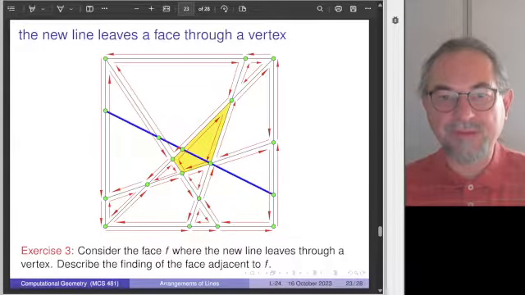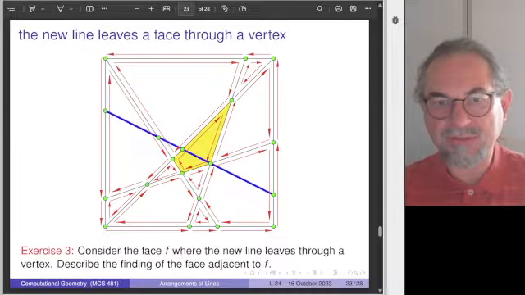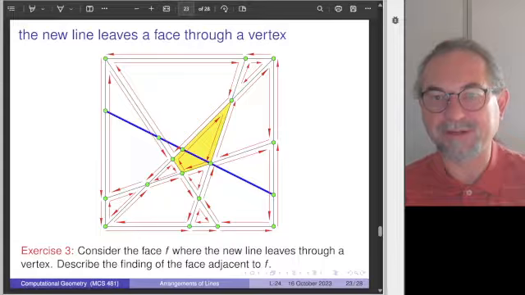How do we find the face that is adjacent to it? Perhaps not so obvious here because the adjacent face is over here and you don't want to end up over there. So in some sense we are intersecting.